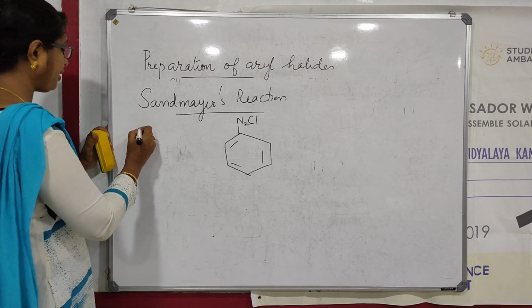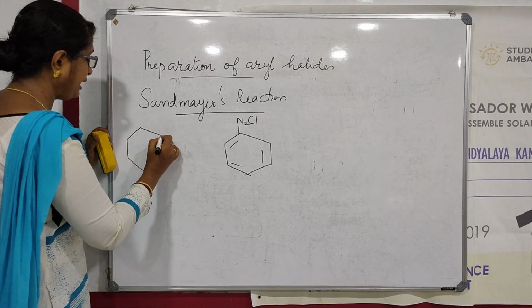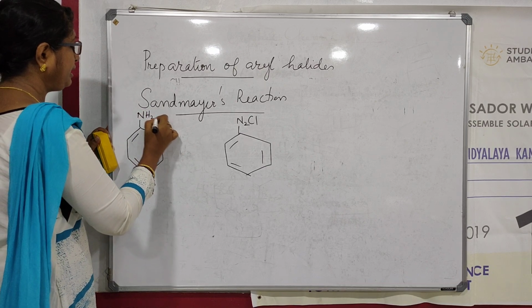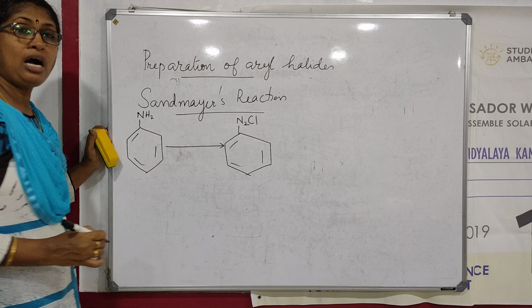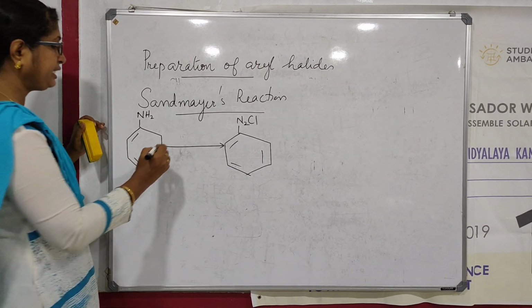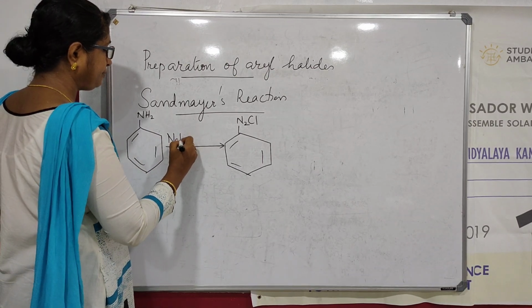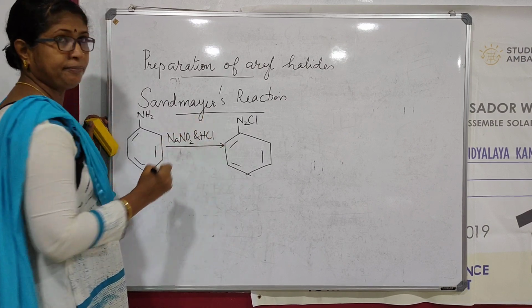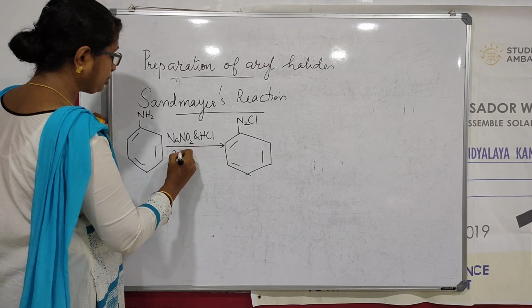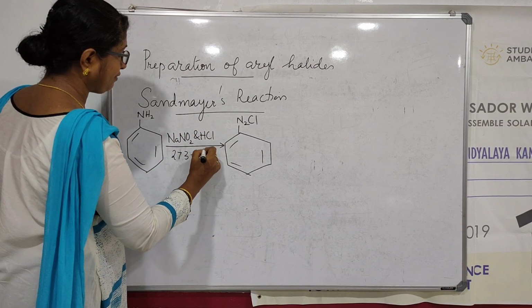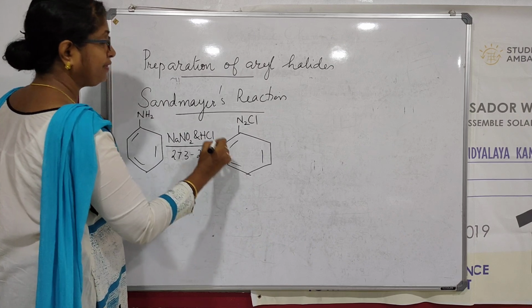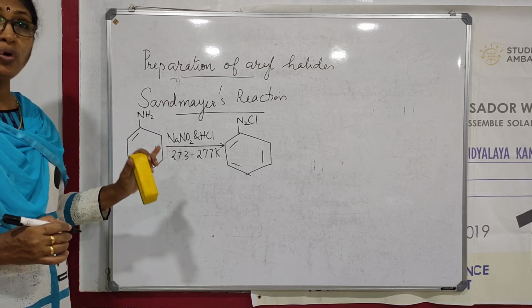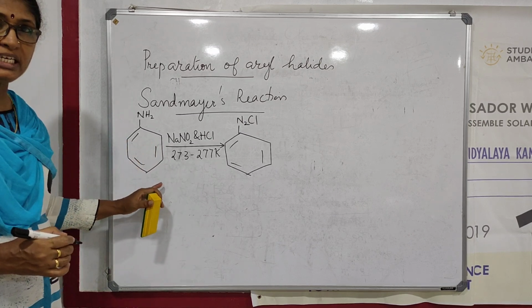This is obtained from aniline, an aromatic primary amine. Aniline is diazotized. How is it diazotized? It is treated with sodium nitrite and HCl, and the temperature range must be 273 to 277 Kelvin, that is, below 4 degrees Celsius, so you have to cool it in ice.